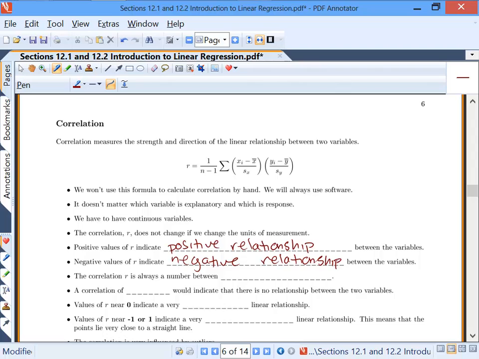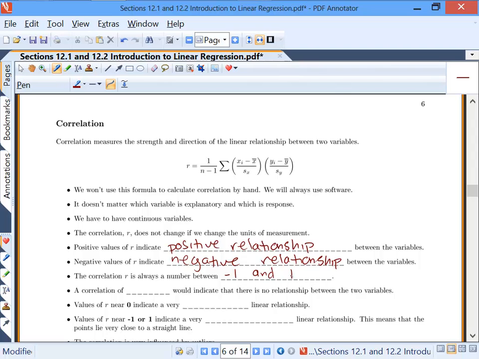And the correlation r is always a number between what? Anyone that's taking correlation, or knows that correlation is between what two numbers? Okay. Correlation is actually between -1 and +1. So again, negative values mean you have a negative slope, positive values mean you have a positive slope.